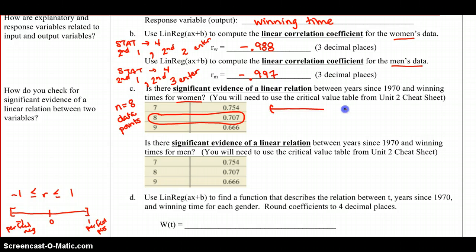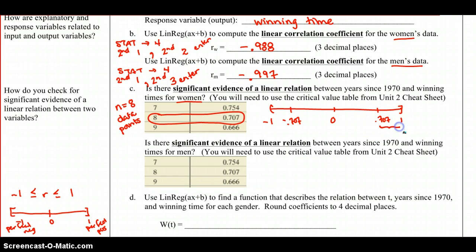So what does that mean? Okay, R can be any number from -1 to 1. And this number, 0.707, tells us for 8 data points how far away from 0 we need to be close enough to -1 or close enough to 1.